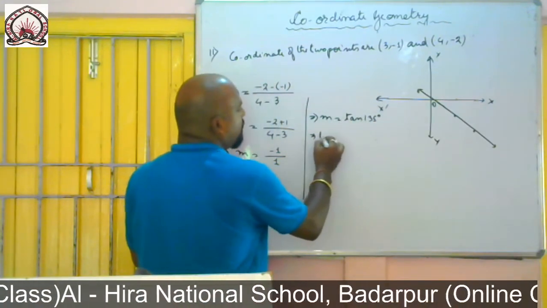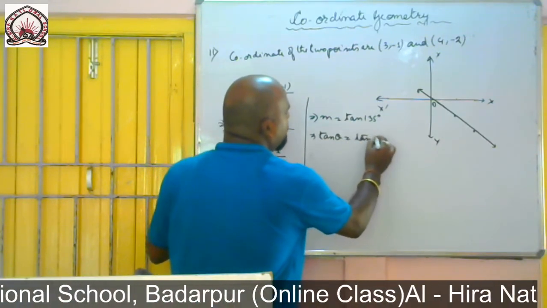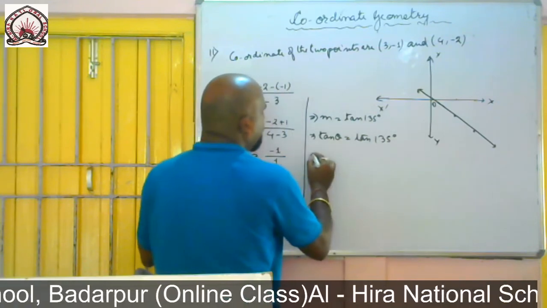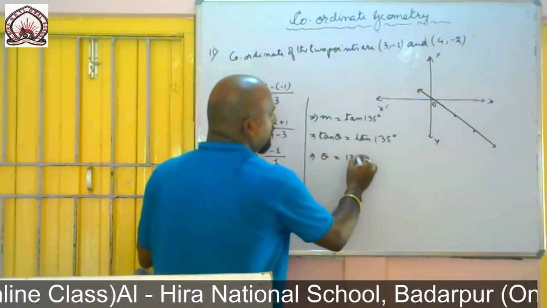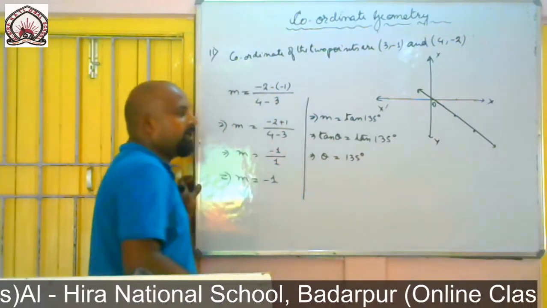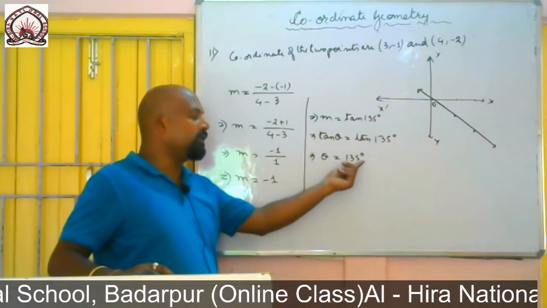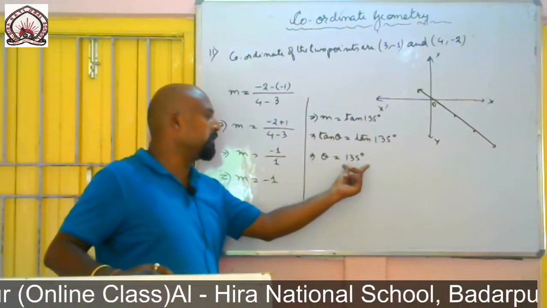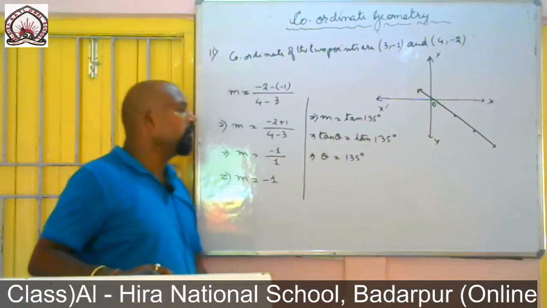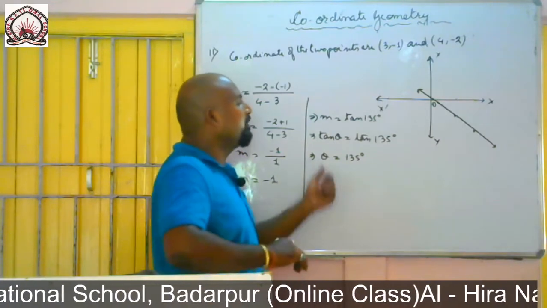So m equal to tan theta equal to tan 135 degrees. Then it implies theta equal to 135 degrees. So the inclination here can be equal to 135 degrees.